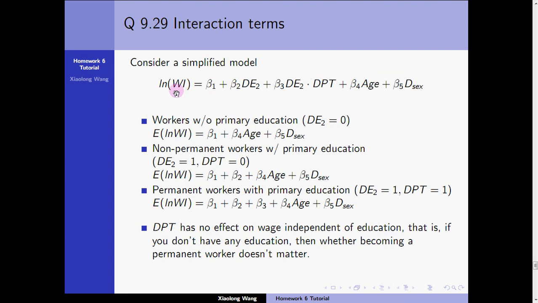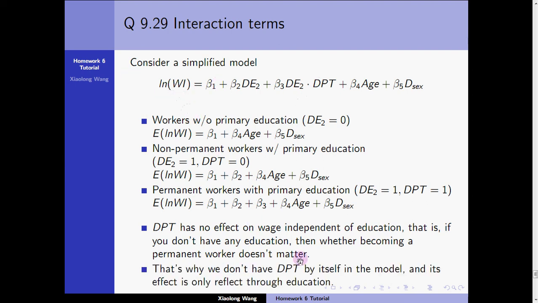So beta 3 captures the interaction between D2 and DPT, which means the effect of the permanent status through education. It's not an independent effect on wage income. That's why we don't include DPT in the model, because we are assuming that its effect is only reflected through education.